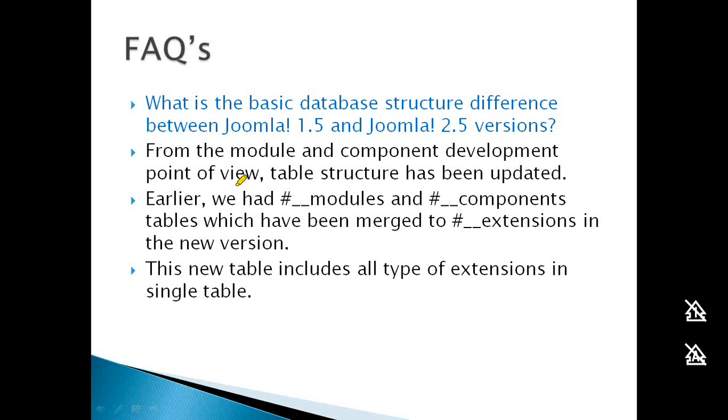From the extensions perspective, I have noticed that earlier we used to have #__modules and #__components tables, which were separate for components and modules, and similarly for plugins and so on. But nowadays in the 2.5 version, everything has been merged into one table, which is the #__extensions table. So this way it is much easier to manage extensions in a single table, and handling is much easier now.